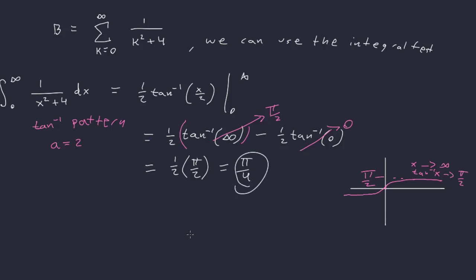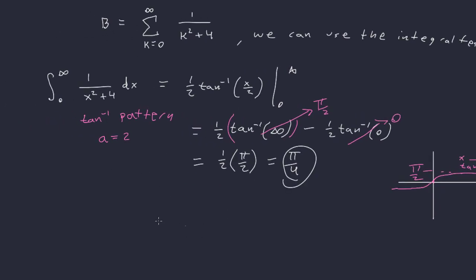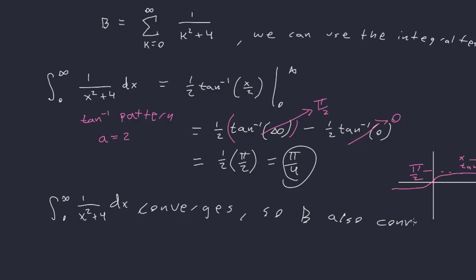All right, so that means the improper integral converges. So this converges, so B also converges.